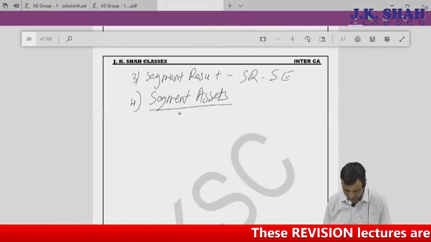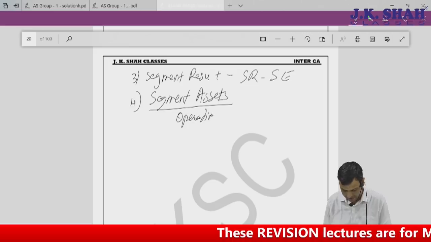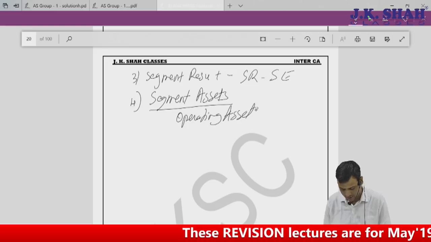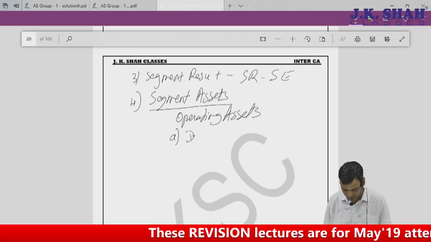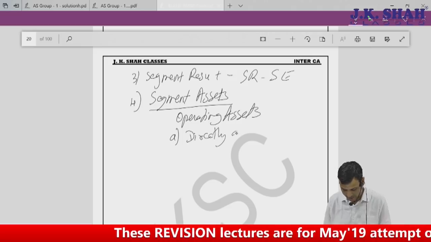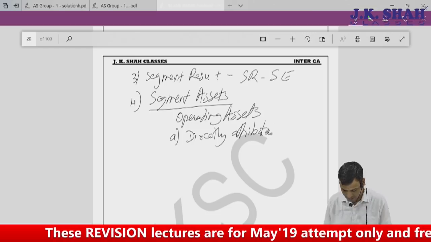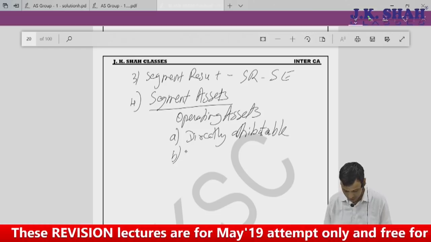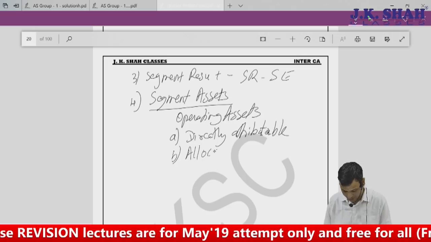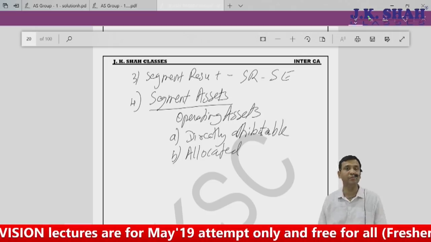Segment assets are nothing but those operating assets which can be directly attributable or they can be allocated on some reasonable basis.